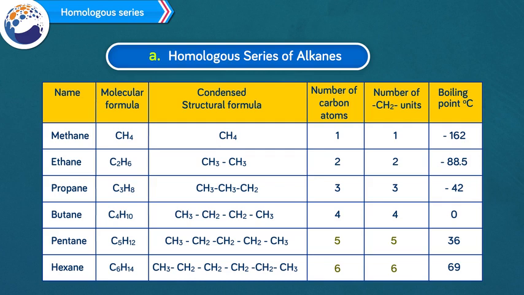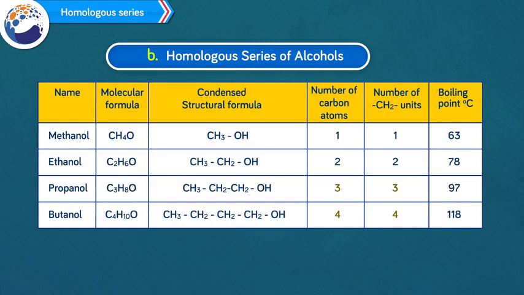Butane, molecular formula C4H10, structural formula CH3CH2CH2CH3. Number of carbon atoms 4, number of CH2 units 4. Boiling point is 0.